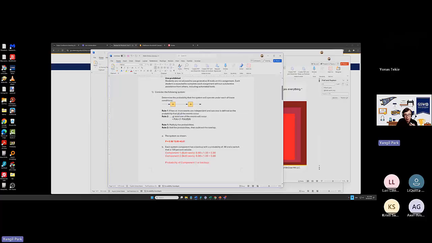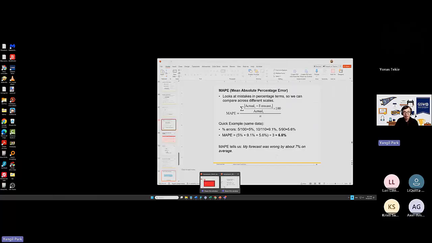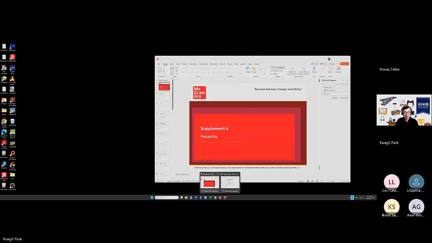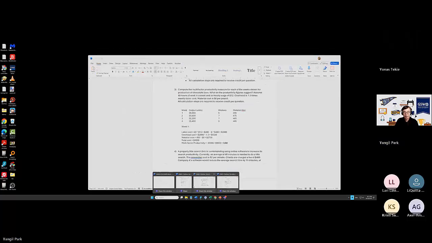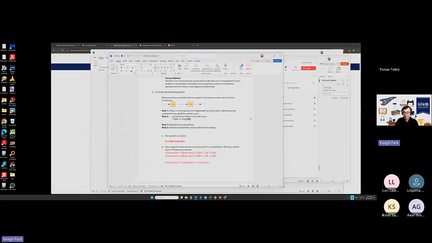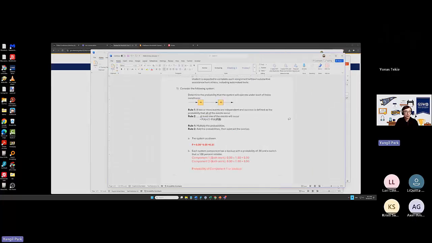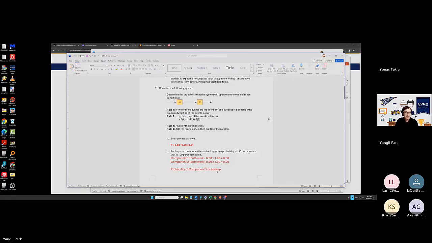Then you multiply by the reliability of B. That gives you the probability of only one working. A little bit too small. There you go. All right, so that's what happens.